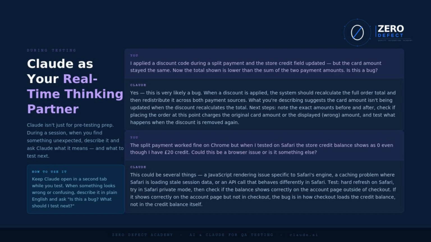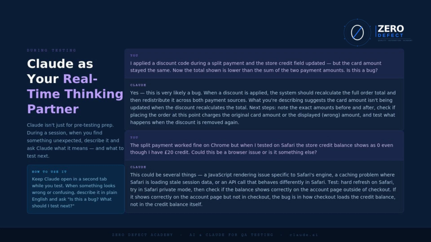This is the use case I personally find most valuable. Keep Claude open in a second tab while you're testing. When you find something unexpected, something that doesn't look right but you're not sure if it's a bug, describe it to Claude and ask. Look at the first example. The tester notices that when a discount code is applied, the store credit field updates, but the card amount doesn't change.